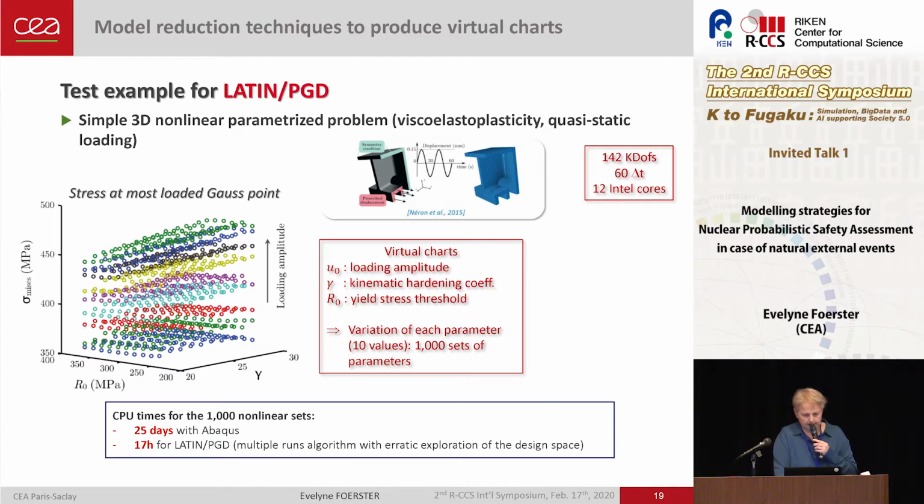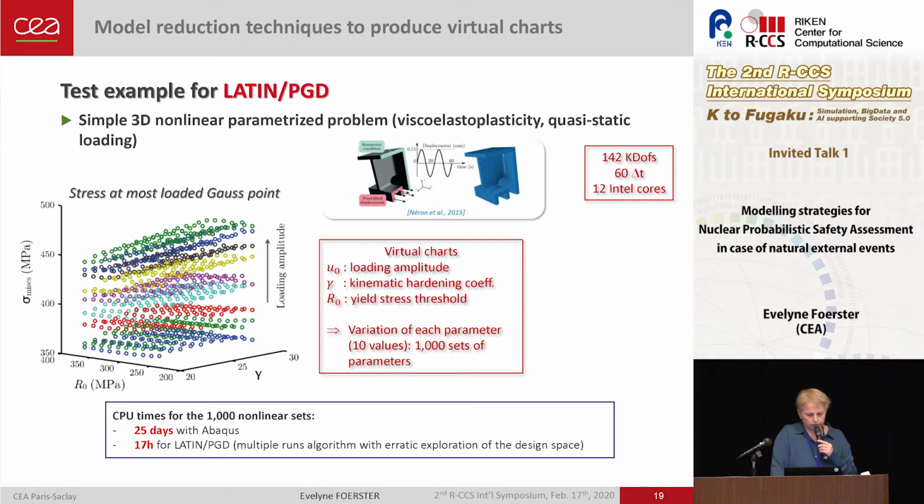And as I said, it's very useful for parameterized programs because, for instance, here it's an example of what we can do with virtual charts, meaning that we can have different parameter variations, so different sets of parameters with different types of variation. So you can have a lot of sets of parameters, and this process is easily parallel if we want to implement it in parallel.